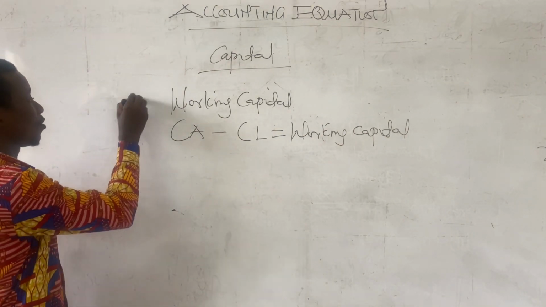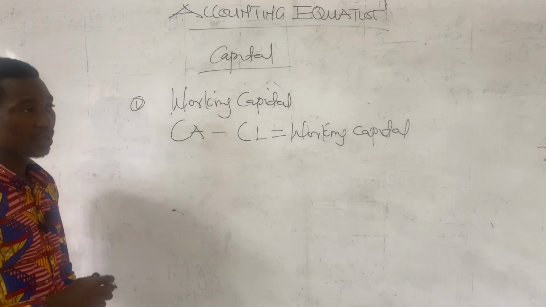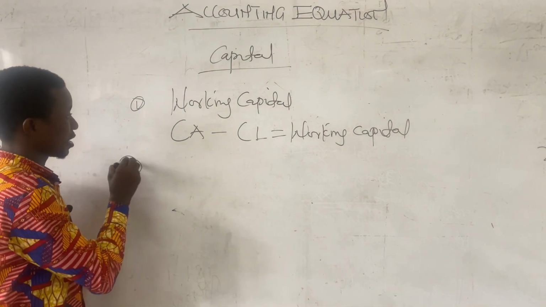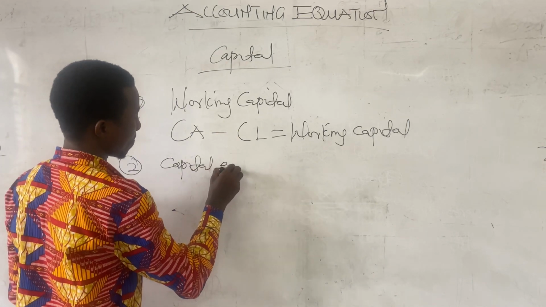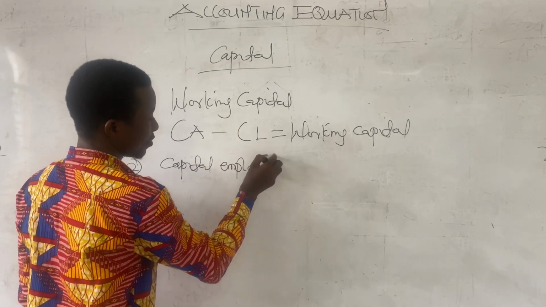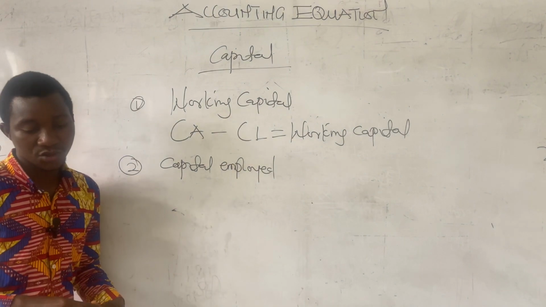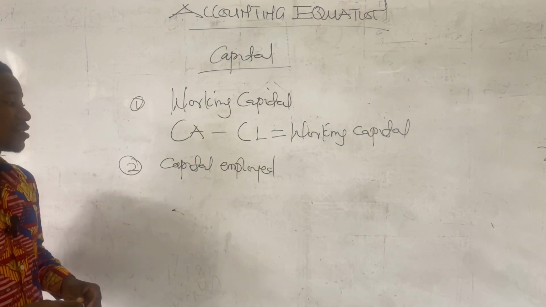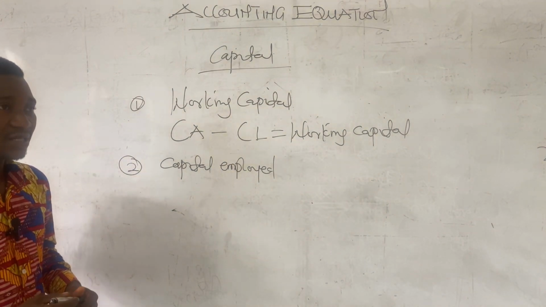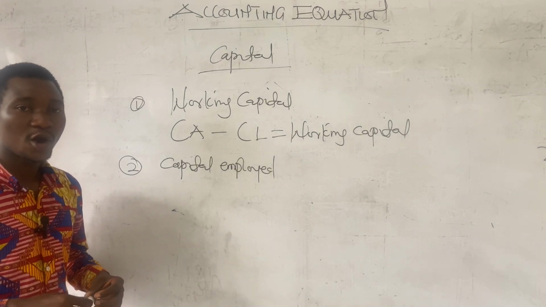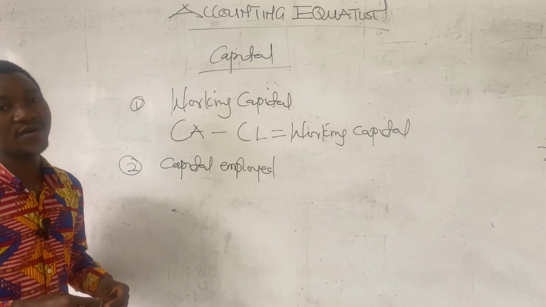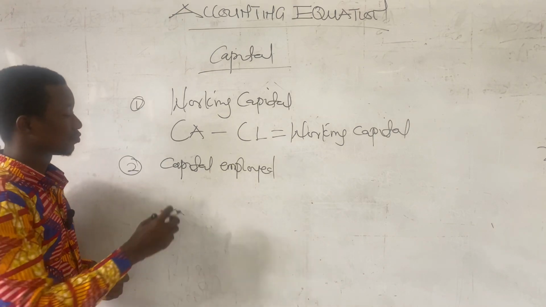We have another form of capital as well. We have what we call capital employed. The capital employed in the business is also another form of capital, and this is the excess of the total assets of the business over its current liabilities. Is that okay?